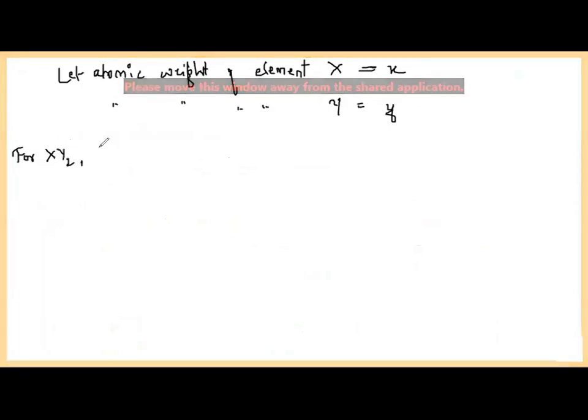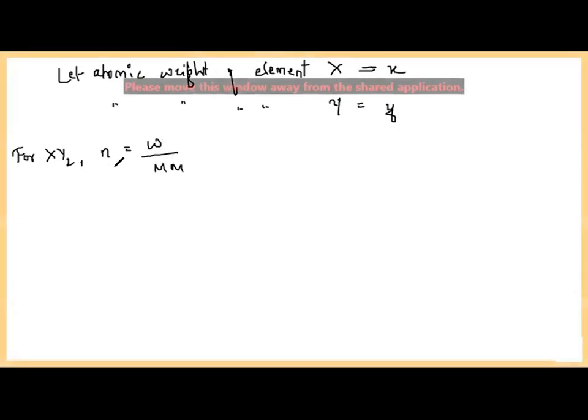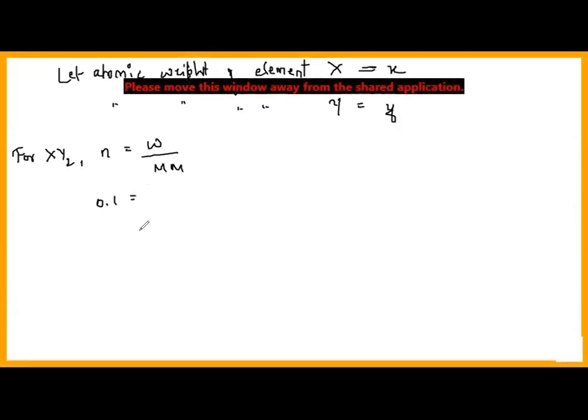For XY2, how do you calculate number of moles? Given mass upon molecular mass, correct? So the number of moles is given, when 0.1 mole of XY2 they have said. So, number of moles is 0.1. When 0.1 moles of XY2 weighs 10 grams. So, it is weighing 10 grams, correct?